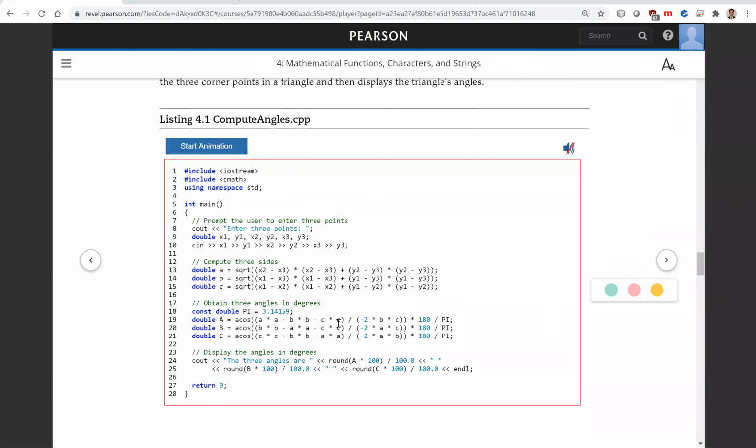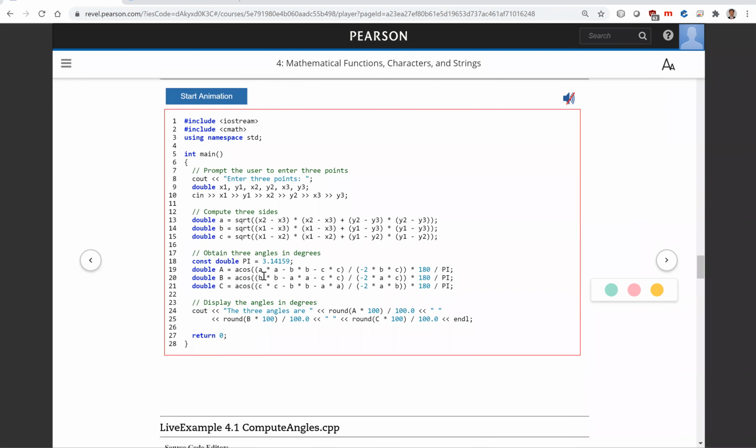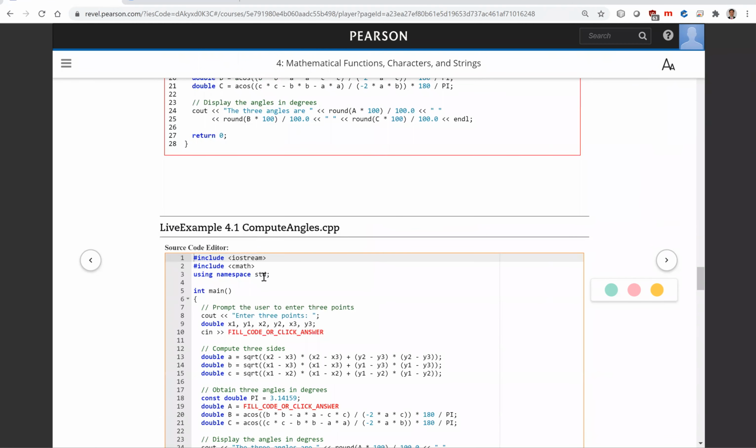We write this program as follows. We're going to prompt the user to enter 3 points. Now here, it's not really clear how you enter the 3 points.